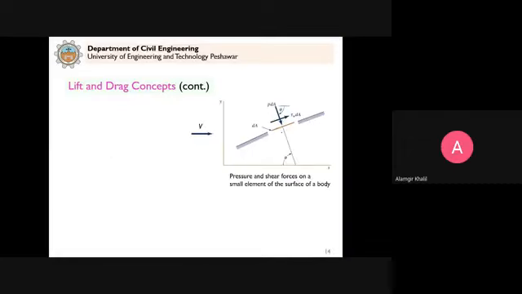This is shown here. Clear? So as we learned, whenever the fluid is moving past the body, these two forces will act. One will be the pressure force, clear, which will be acting perpendicular to the surface, and the second one will be the shear force. Clear?